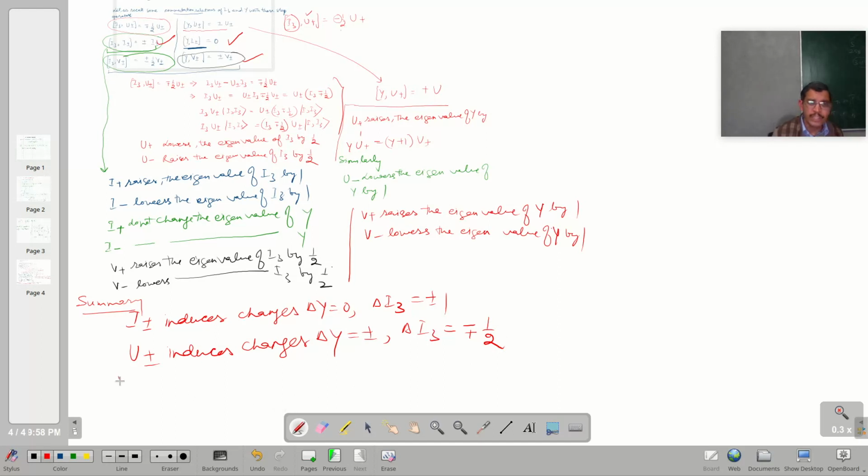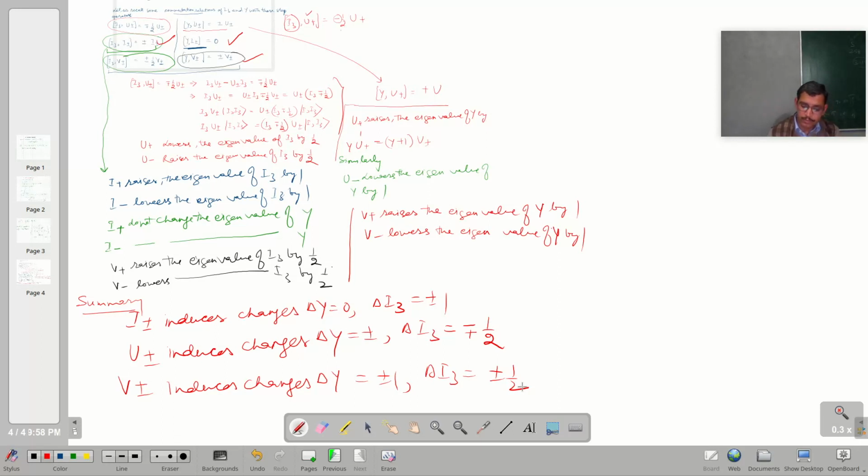And V± induces changes that delta Y is equal to ±1 and delta I3 is equal to ±1/2. So that's what we are getting out of it. Clear?